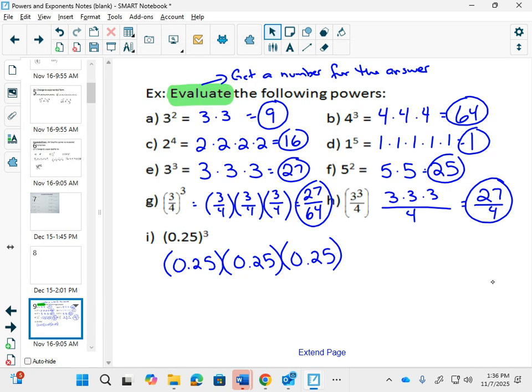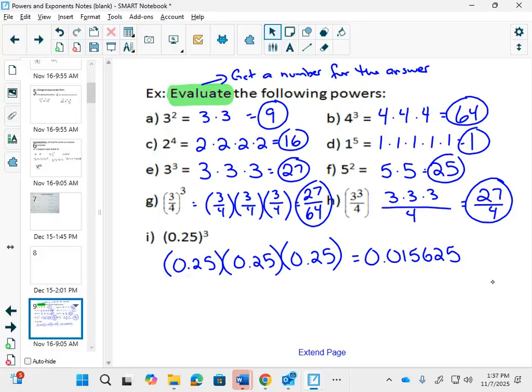I am guessing that nobody did that with mental math. What was it, 0.015625? Did I copy it down right, or did I add an extra 0? Nope, I did it good.